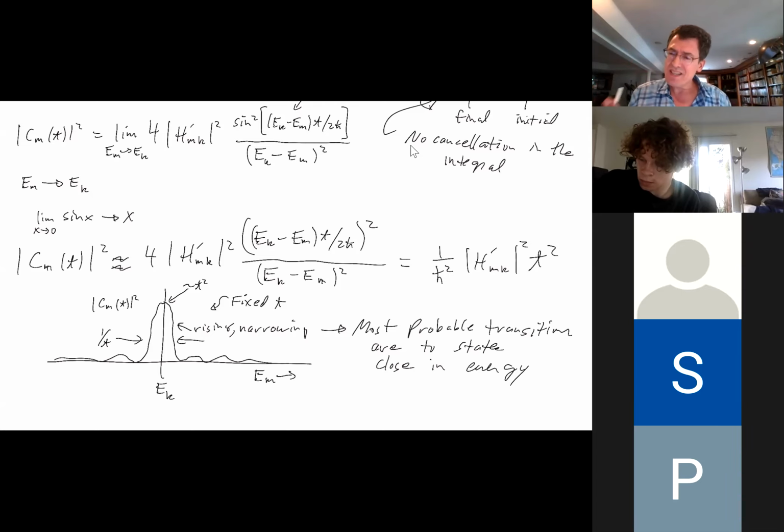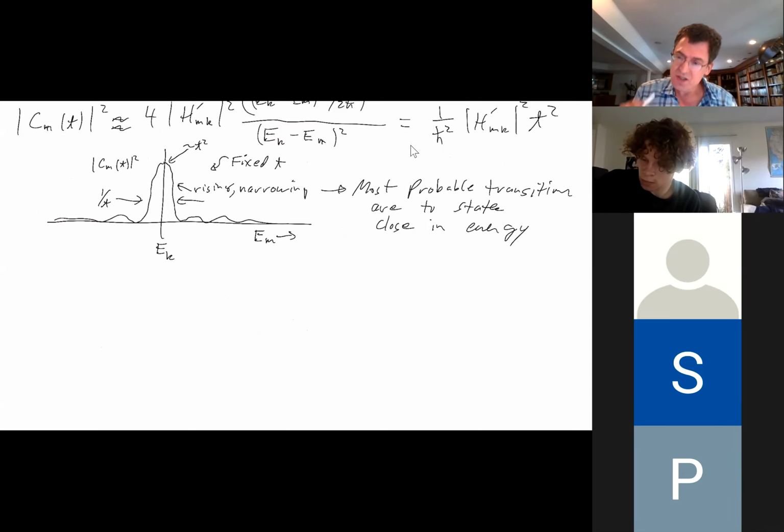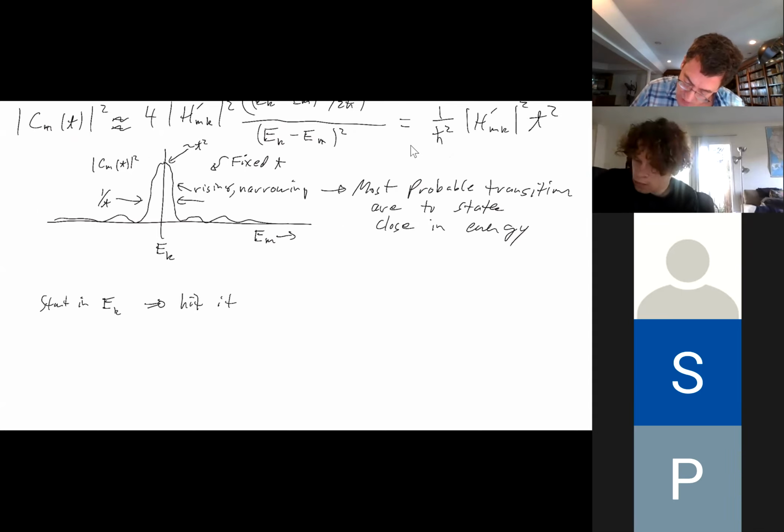But the thing that I want you to see is that there's a probability, and this is kind of freaky. This is a weird thing of quantum mechanics. Well, it's not that weird actually, but I want you to see this. Suppose I start in some state with energy k, then I hit my state with my perturbation.